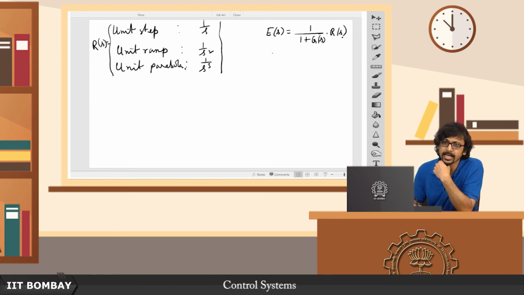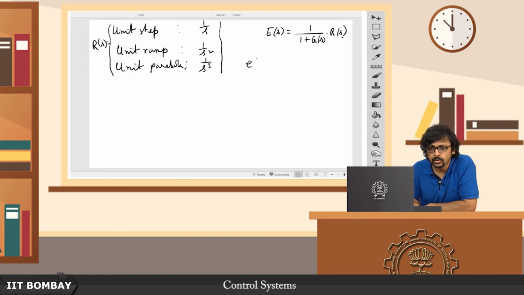So if you want to apply the final value theorem, E(t) as t tends to infinity, because we are assuming, again I repeat this so many times at the cost of boring you, that this is all under the assumption that it is closed loop stable, otherwise none of this works.